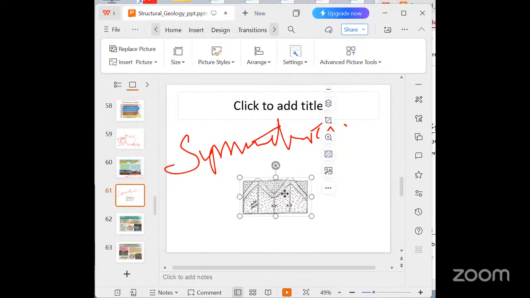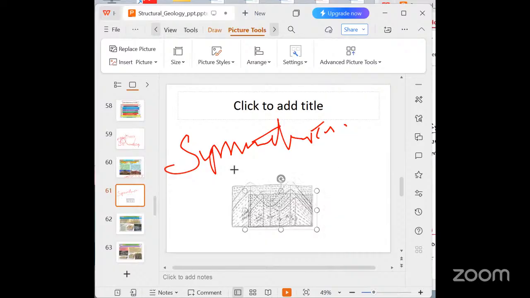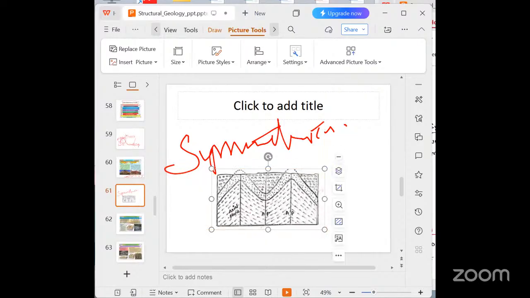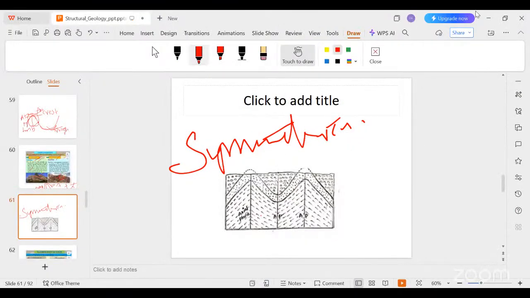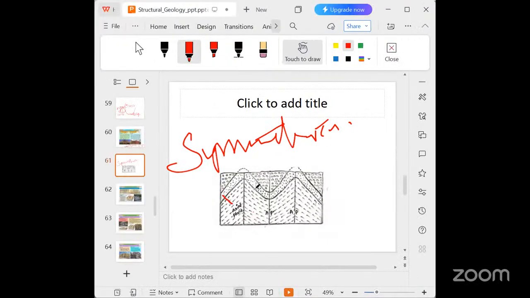You see here, this axial plane is vertical, and these two limbs, these are called limbs, right?